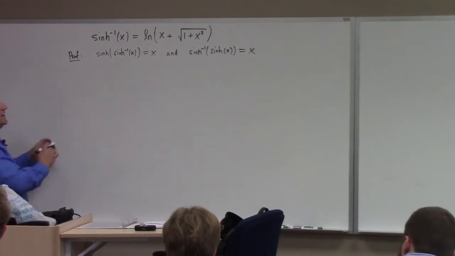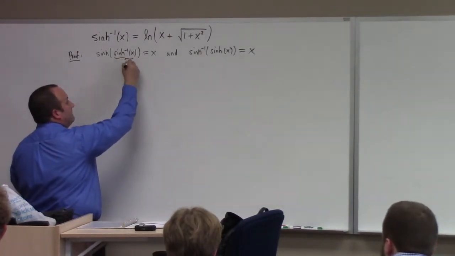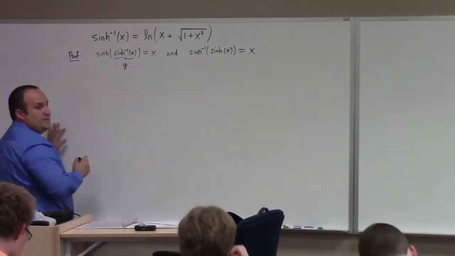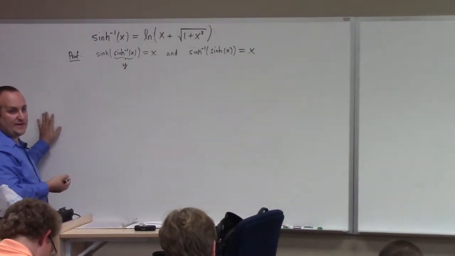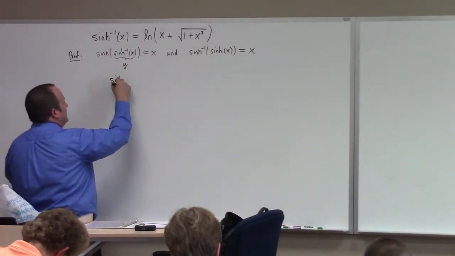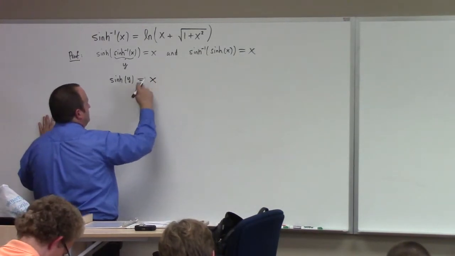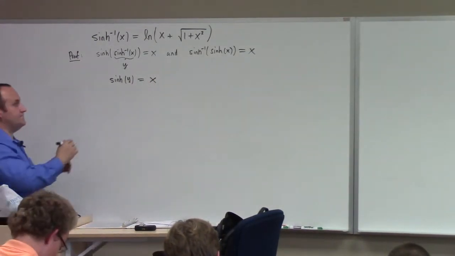So let's do that. What we're going to do is call the thing we're interested in y. So I'm saying y is inverse hyperbolic sine of x. Then what we have here is sinh of y is equal to x. But what was sinh?